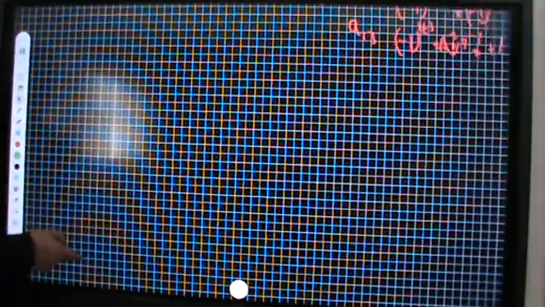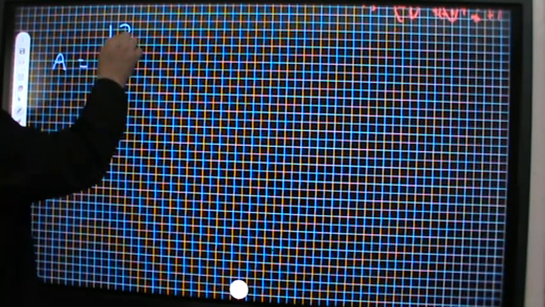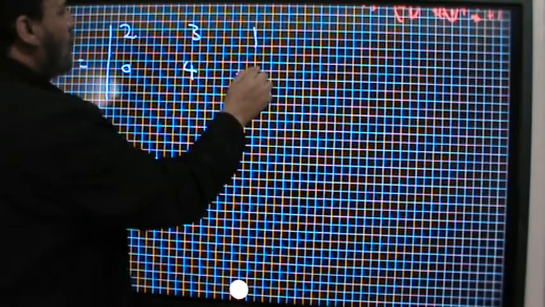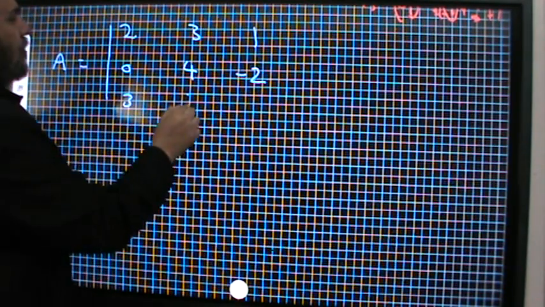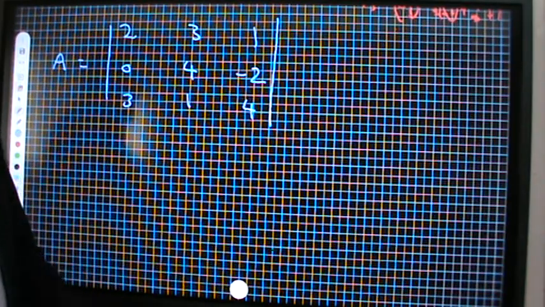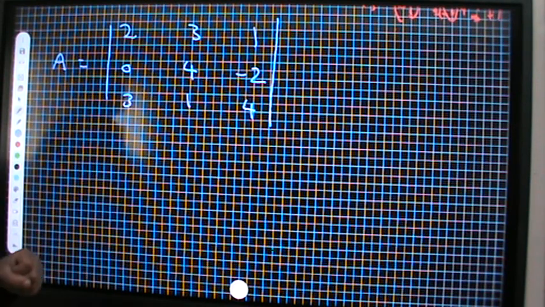Then how to expand now? If you have A equal to 2, 3, 1, 0, 4, -2, 3, 1, 4. Okay? This is a 3 by 3 determinant. How to get its expansion here? By applying the minor.